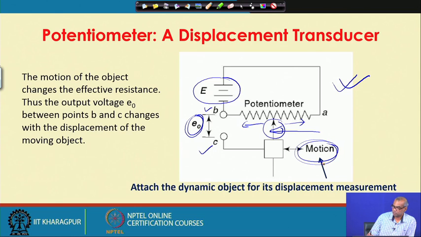As this moving object shows displacement, the arm takes a particular position that determines the effective resistance, that determines the output voltage. So, a potentiometer behaves like a displacement transducer.